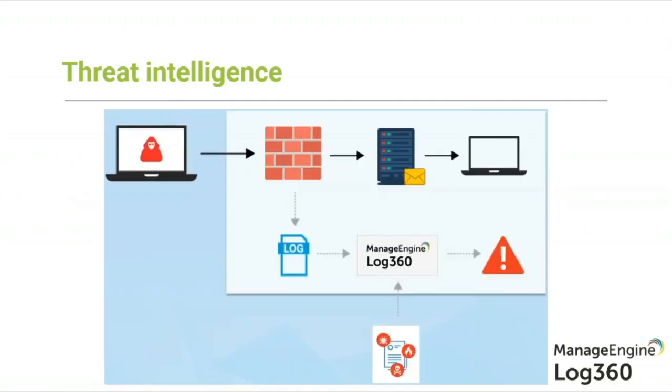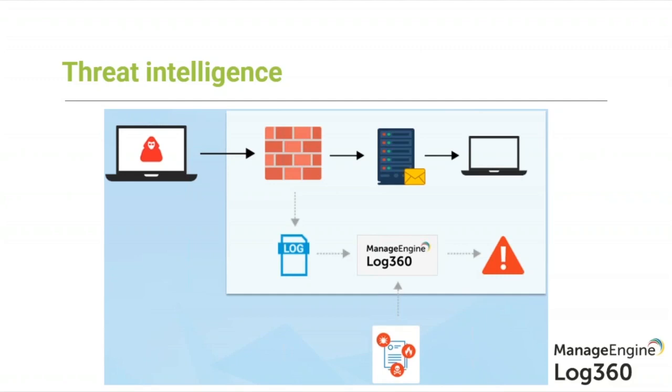So this is just a quick diagrammatic representation. Let's assume that an attacker wants to send a phishing email to a system in your network. So they send an email, and once this communication enters your network, a log is generated, and thankfully this is a known malicious actor.